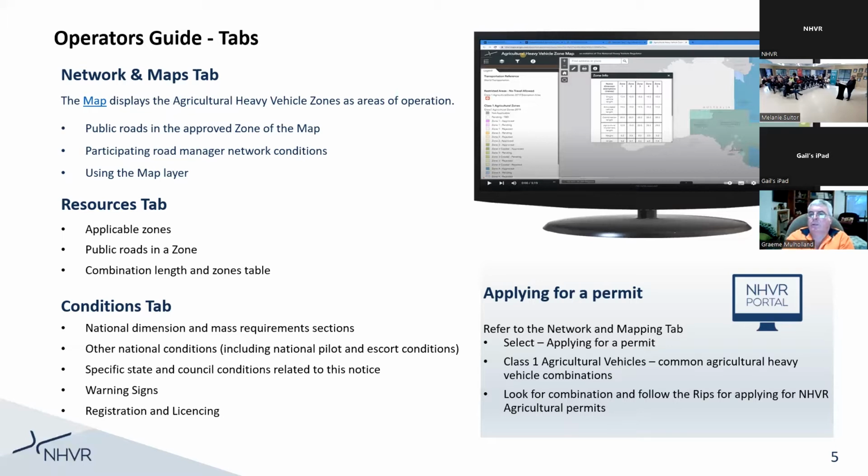A useful tip for reviewing these conditions is to review the national convention and national requirements sections first, then all other national conditions, which includes the pilot and escort conditions. Then consider the specific council conditions related to this notice.